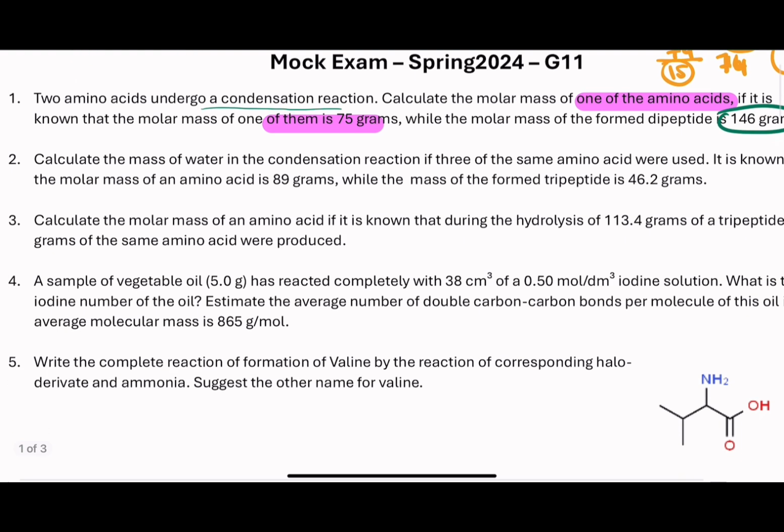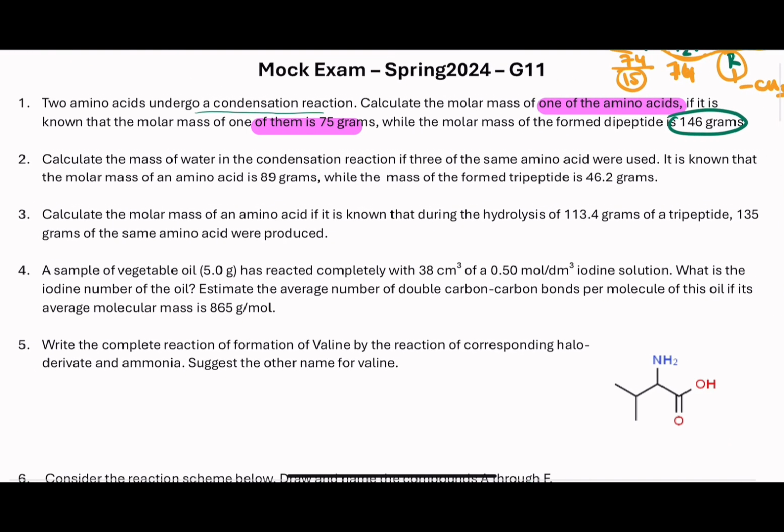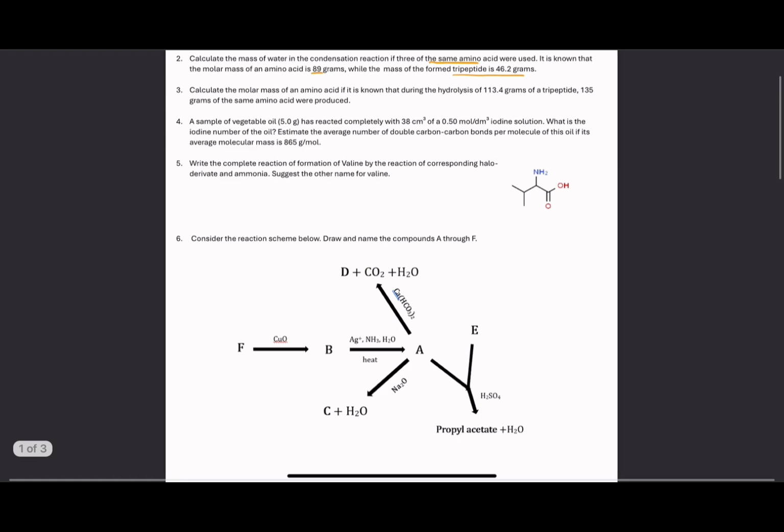Now question 2, it is telling us to calculate the mass of water in a condensation reaction if 3 of the same amino acids were used, if it's known that the molar mass of the amino acid is 89, while the mass of the formed tripeptide is 46.2 grams. So now I'm going to write it in here.